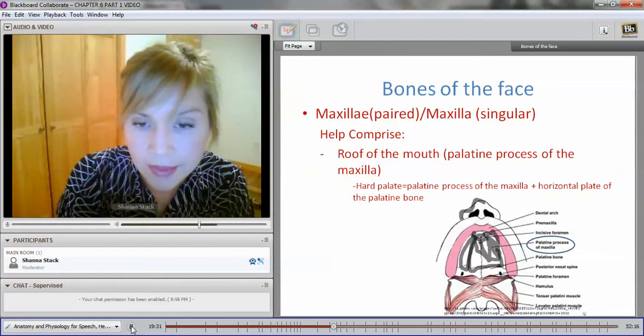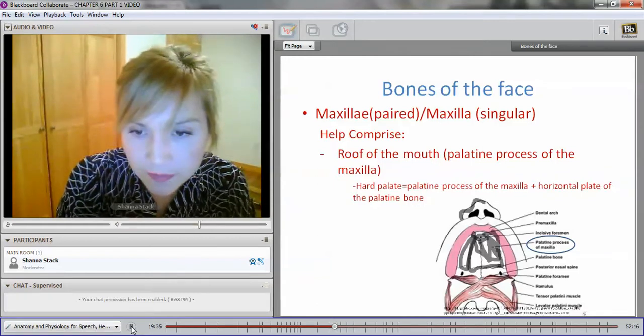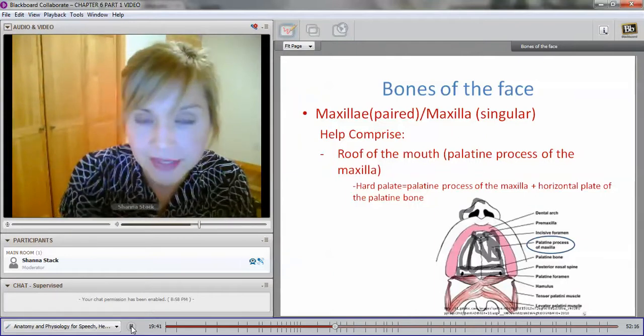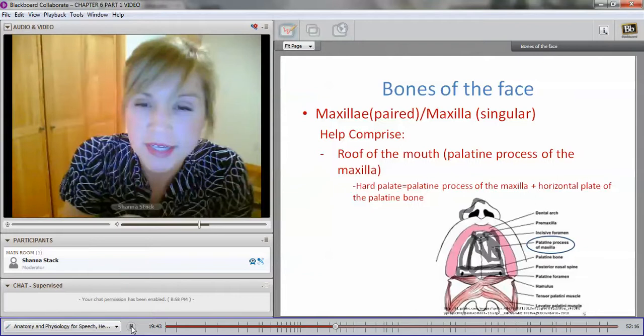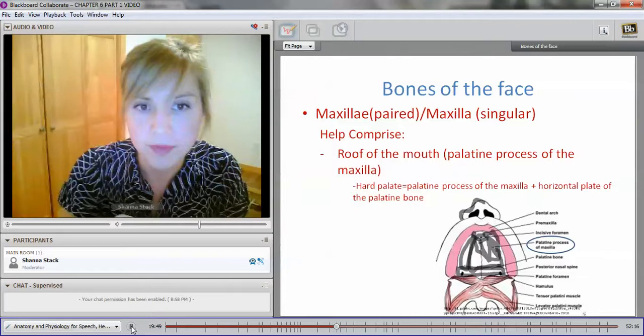Okay, and then this posterior 1/3, it's even kind of like a quarter, is the horizontal plate of the palatine bone. And you're just going to have to practice that. I would draw out the hard palate and then label it to help you guys remember.